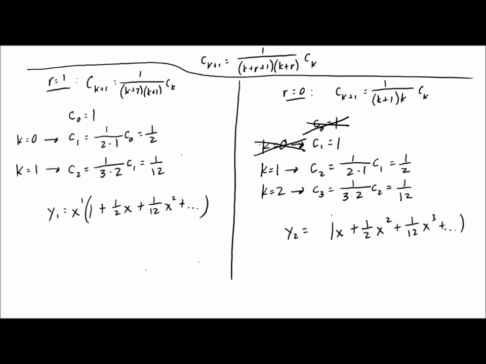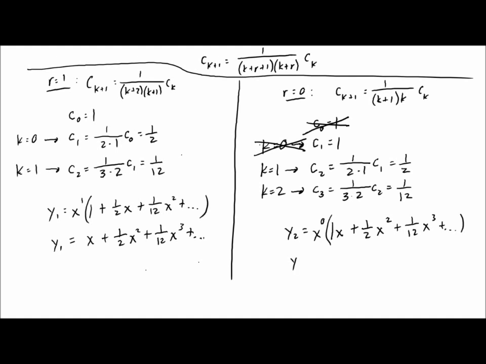And then again, don't forget, everything is multiplied by x to the r power. Here would be x to the 0 power. So we end up getting our second solution. Or do we? I want to point out that if I were to simplify this, then my y1, if I distributed that x, I would get x plus 1/2 x squared plus 1/12 x cubed plus dot, dot, dot.